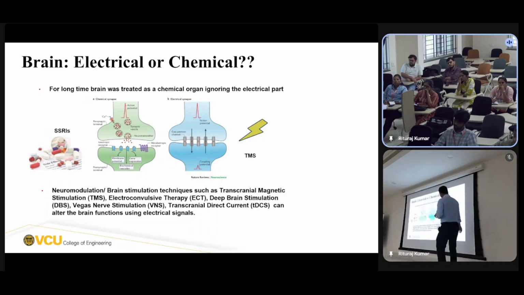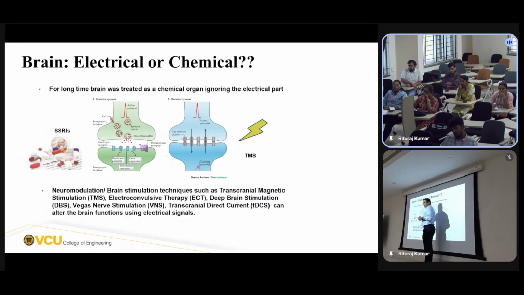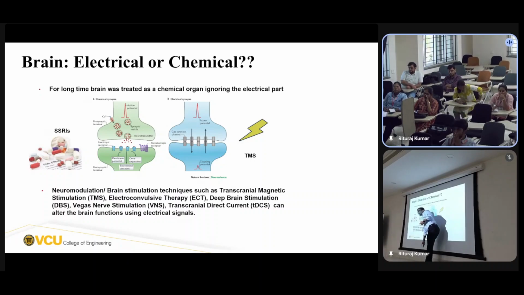So instead of sending neurotransmitters here, we can actually depolarize this neuron without the neurotransmitter and then send the signal. Basically, you apply an electric field to these neurons and make the signal go.